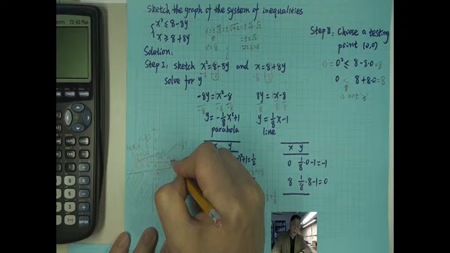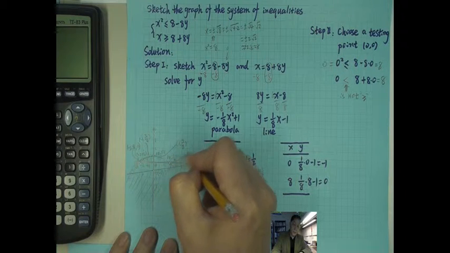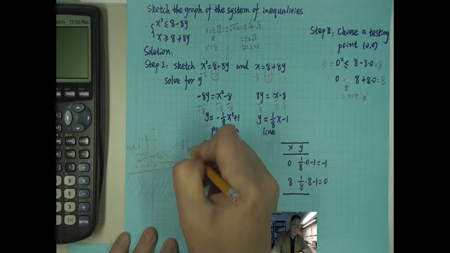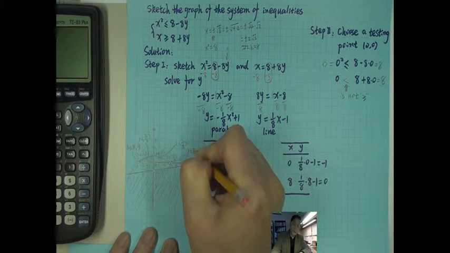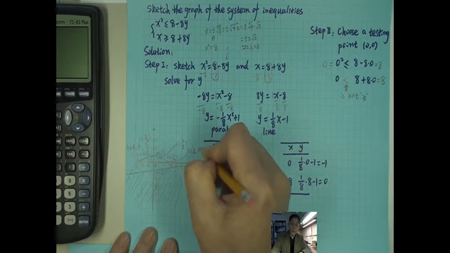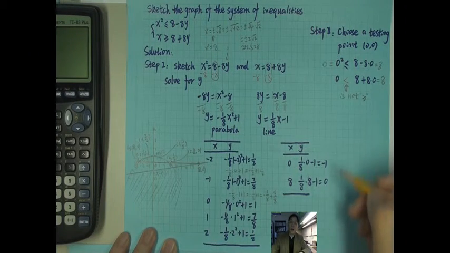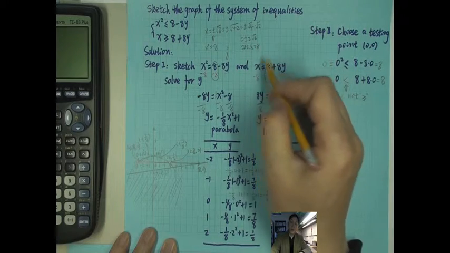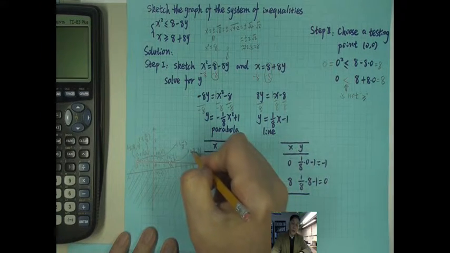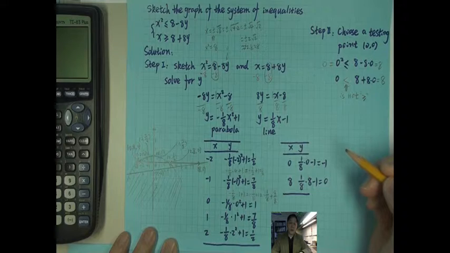You may also mark here 2.8, 0. You may write 2.828, but I don't have space here, so I just write 2.8.